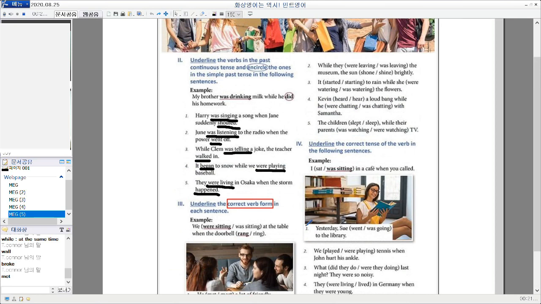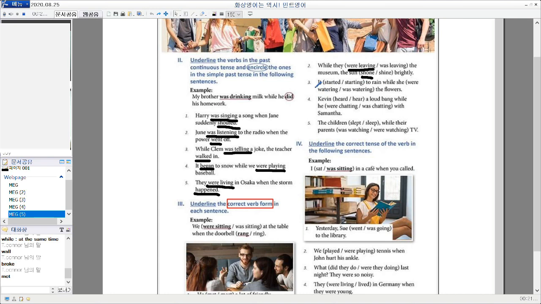Yes. Okay. Number two. While they were leaving the museum, the sun shone brightly. All right.